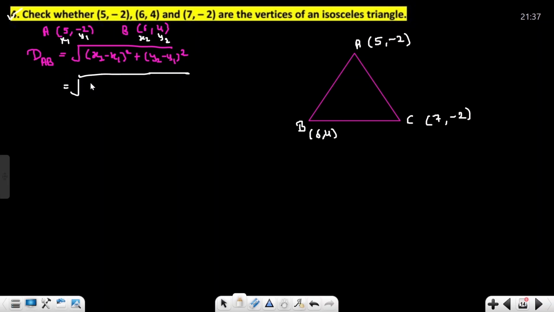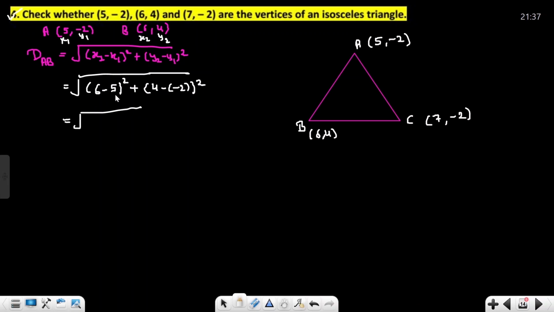Okay, a lot of students get confused about how to take x1. Some take it like 5 minus 6 and 4 minus 2 like this. Okay, so x2 is 6 minus 5 square plus y2 is 4 minus 2 square.